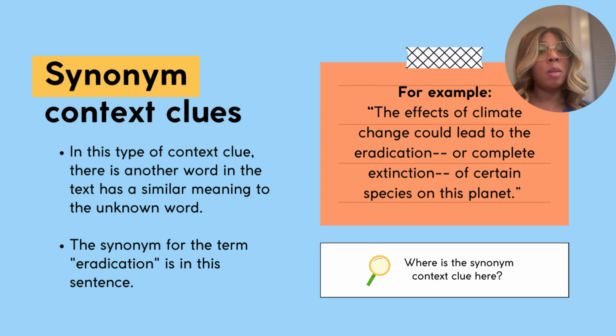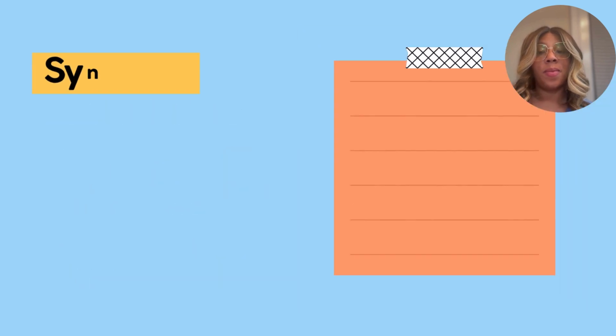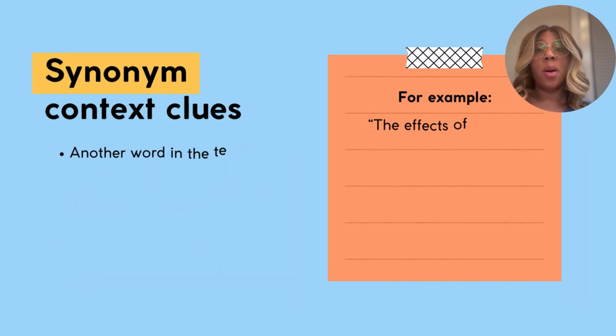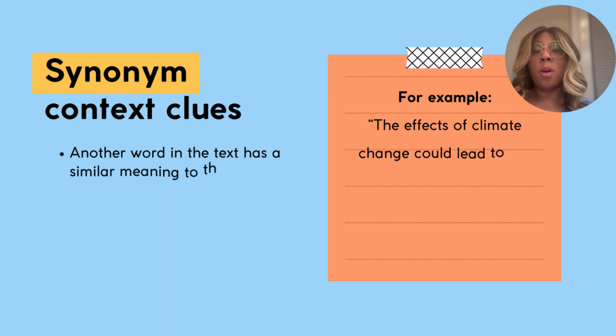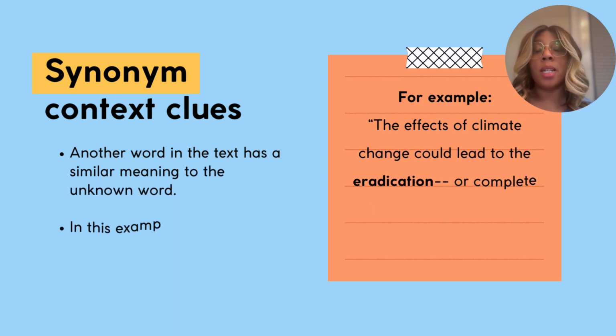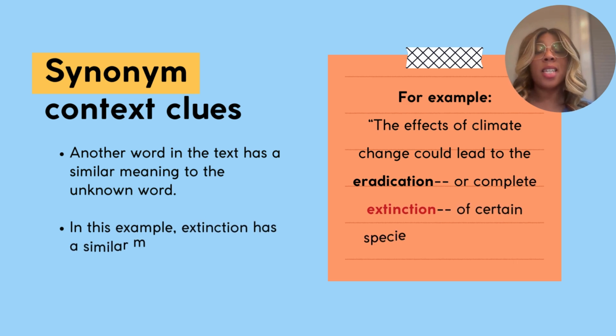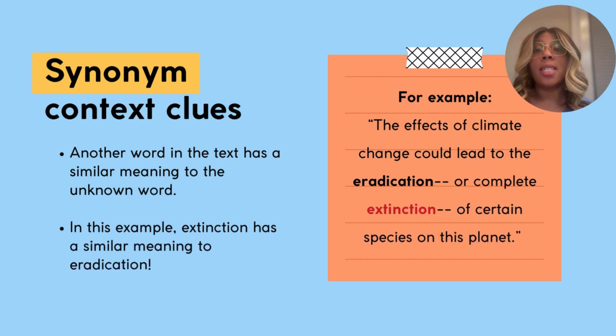Where is the synonym context clue? Let's find out. So, if we look, another word in the text has a similar meaning to the unknown word. In this example, extinction has a similar meaning to eradication. So, extinction is a synonym for the word eradication.